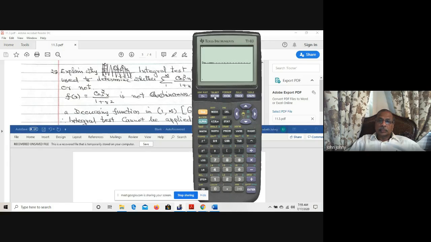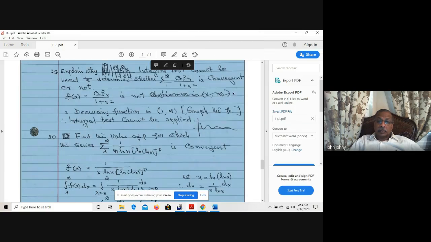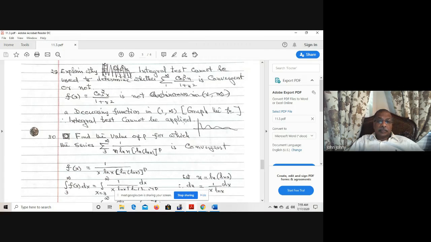Let us set the window. See, it is not a decreasing function. It decreases, then again increases, then again decreases, and so on. So this is not a decreasing function in the interval 1 to infinity, and therefore you cannot apply the integral test for this.